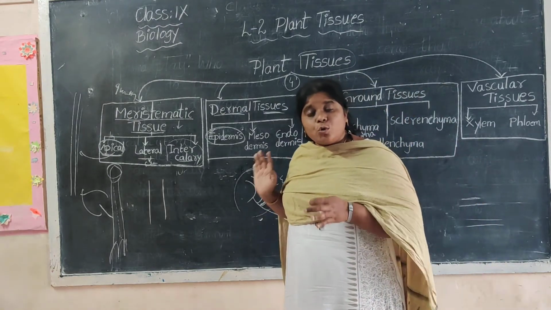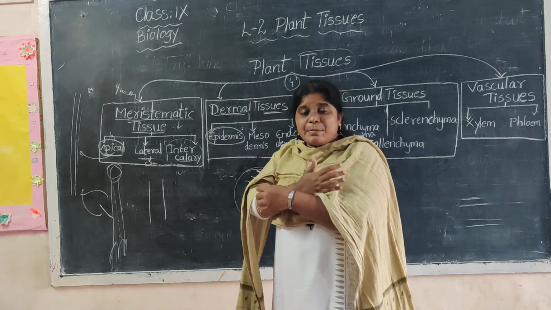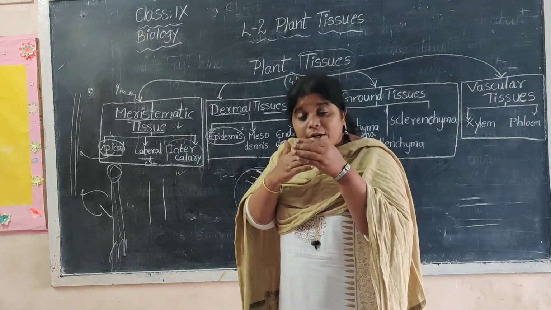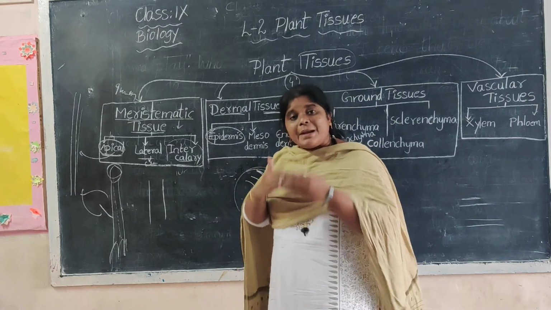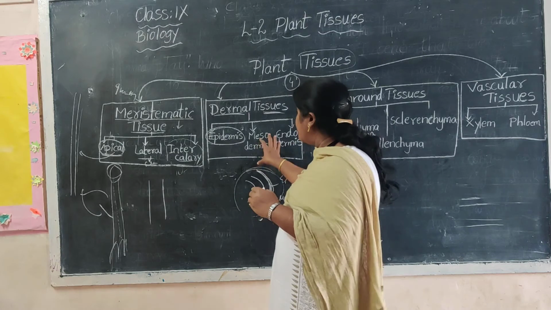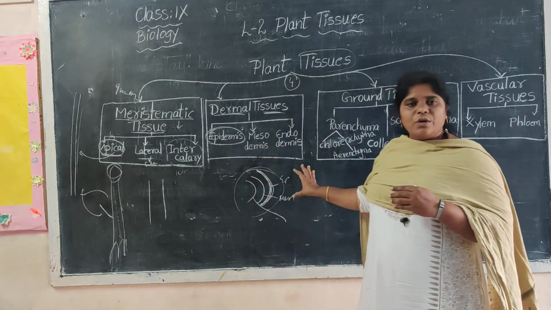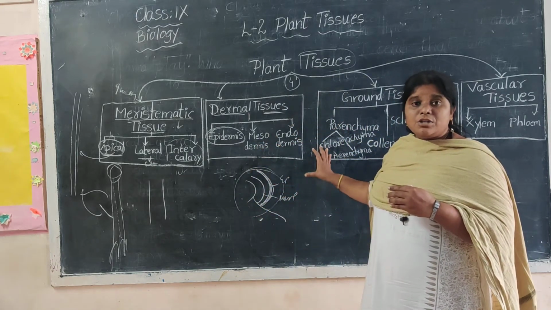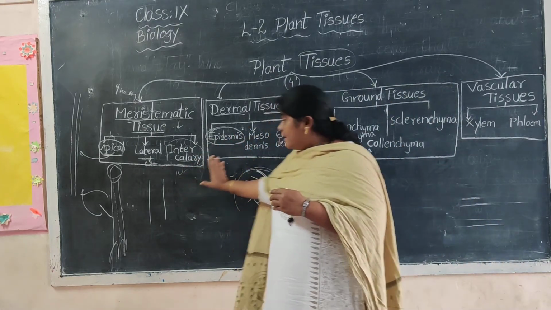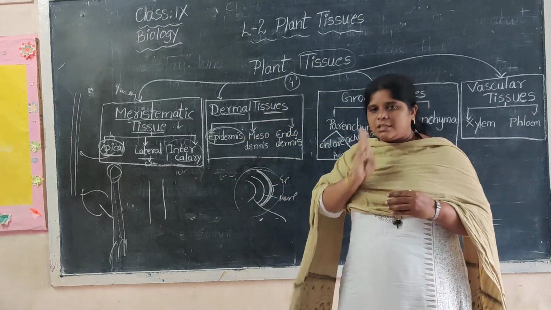So the plant is getting protected. It is saving the plant from physical injuries. Everything will be done by dermal tissue. As meristematic tissue has 3 types, this dermal tissue also has 3 types.